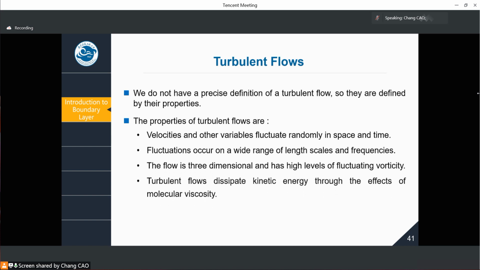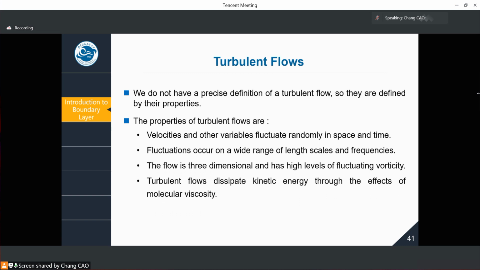The fourth property is that turbulent flow dissipates kinetic energy through the effects of molecular viscosity. When we talk about TKE, or the turbulent kinetic energy budget, we will also talk about the dissipation. Here, you just need to get the impression that turbulent flow will dissipate the kinetic energy through the effects of molecular viscosity.